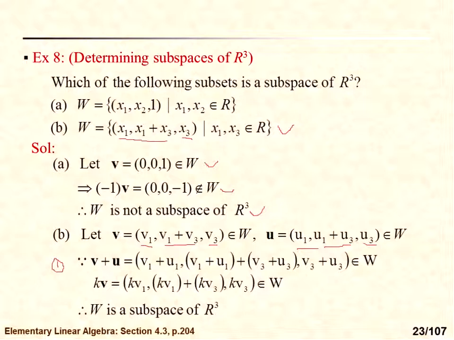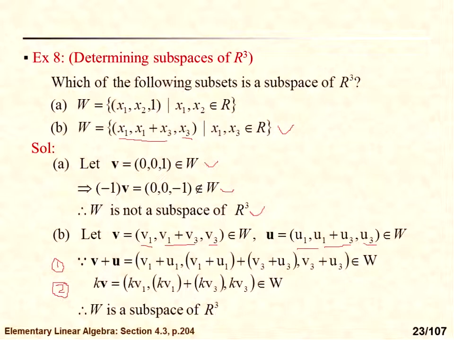So we know that to show it is a subspace, we have to show two points. The first point is that it is closed under addition, and the second is that it is closed under multiplication. If these two points are satisfied, then it is a subspace.